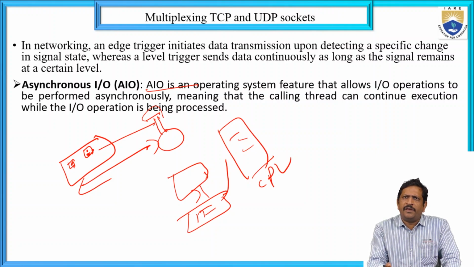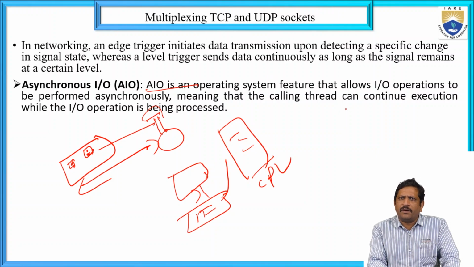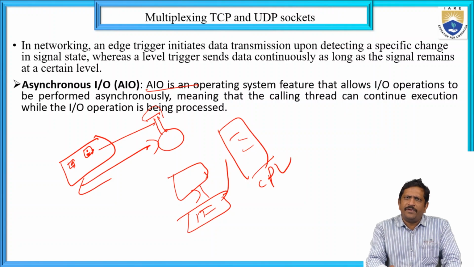It may be any operating system, Linux or Windows. In both Linux and Windows, we consider asynchronous IO one of the most important features. Why? Because it allows input output operations to be performed asynchronously, meaning the calling thread can continue execution while the input output operation is being processed.